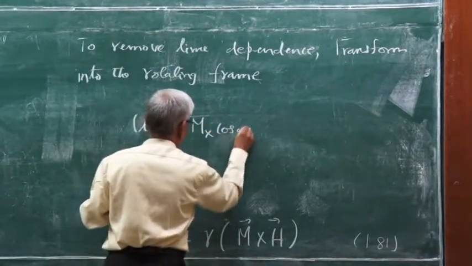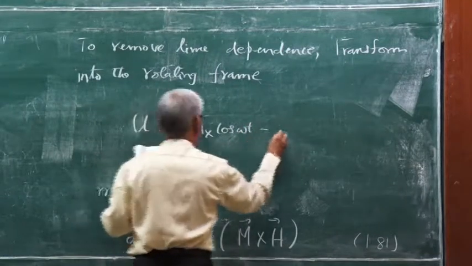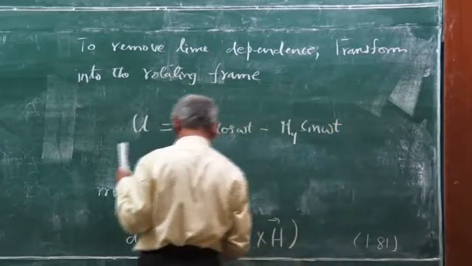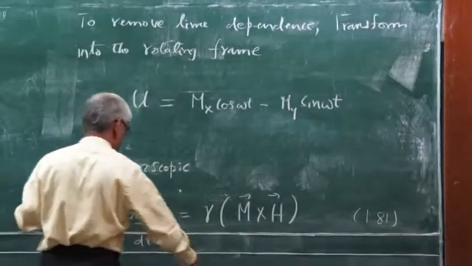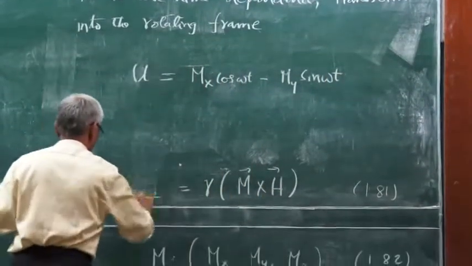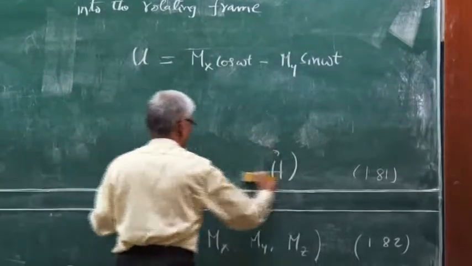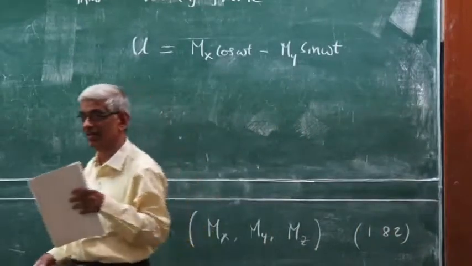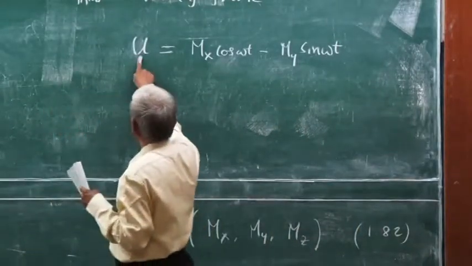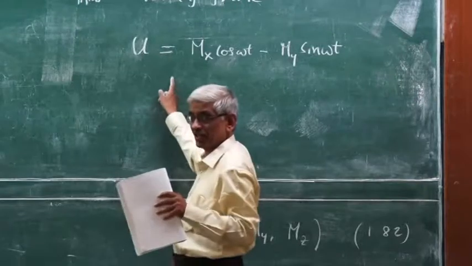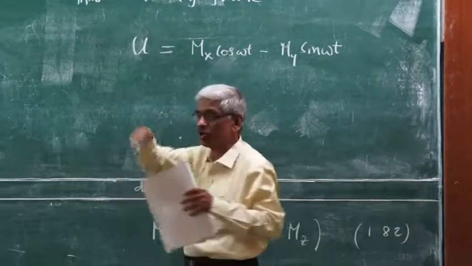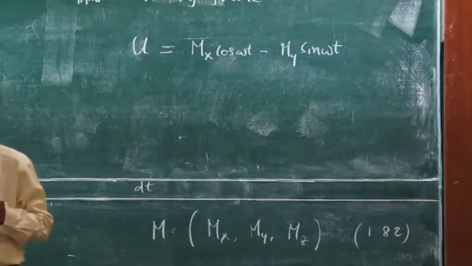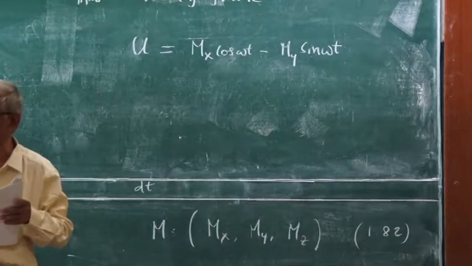Mx cosine omega t minus My sine omega t. So, explain this U once. So U is, this is the variable change. This happens because we are going into the rotating frame. This is a similarity transformation. Coordinate transformation, what do you do? You go from one frame of coordinates to another frame of coordinates.